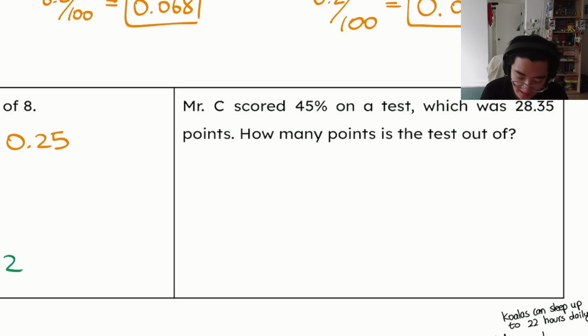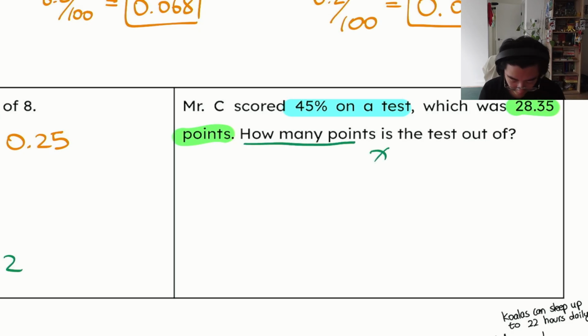Okay, so let's try a more complicated word problem here. Mr. C scored 45% on the test, and that 45% is 28.35. So now what is the total points? The total points of the test is unknown.